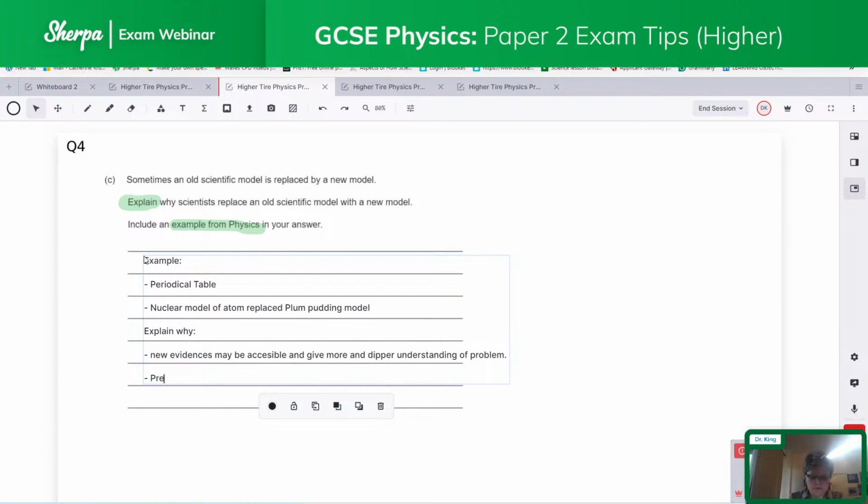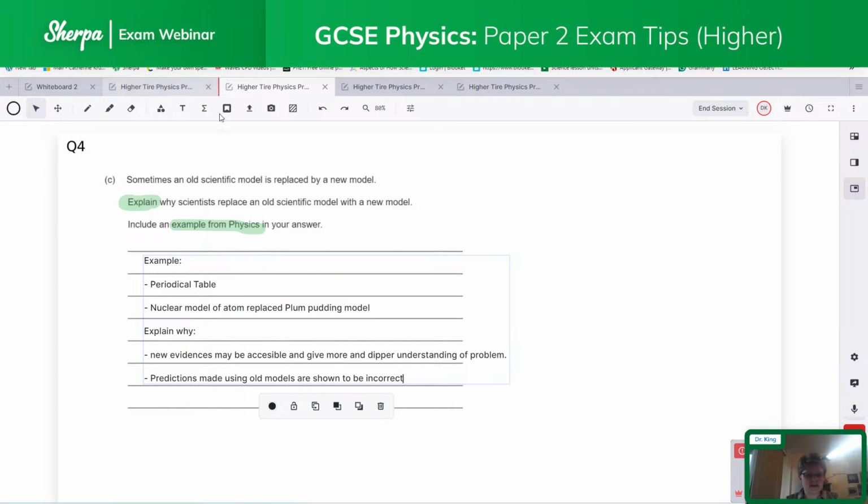So in this case, like with Mendeleev's periodic table, he proved that the previous old model, with the placement of elements, was not correct and did not accommodate the newly discovered elements.